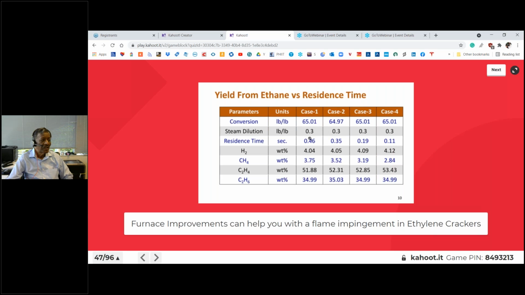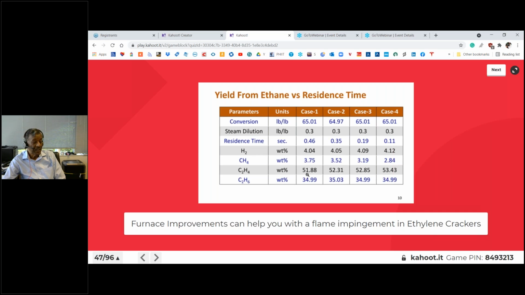This is with 0.3 pounds of steam per pound of feed, at different residence times. And one thing which is constant is the unreacted ethane is almost at about 35%. That's basically the conversion: 65% gets converted, 35% has to be recycled.